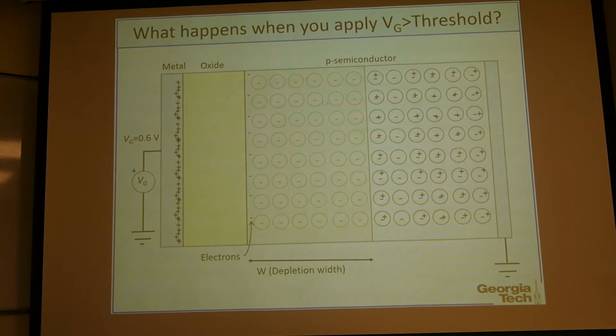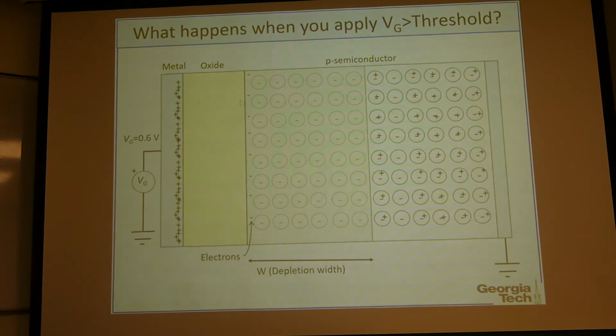Because when you repel those holes away, and then this Na minus, you are not going to get one more Na minus, because those Na minus are too far away from this capacitor structure. So this column of negative charge cannot balance the positive charge on the metal when you further increase, because they are too far away, right? And you know the capacitor structure, you need charge somewhere near this surface.